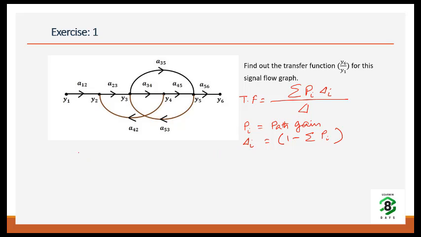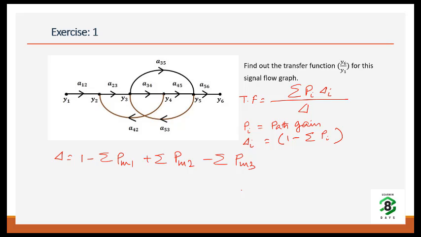The denominator is given by delta is equal to 1 minus summation of Pm1 plus summation of Pm2 minus summation of Pm3, where Pm1 is nothing but the gain of any individual loop. So you have to take the summation of all individual loop gains.